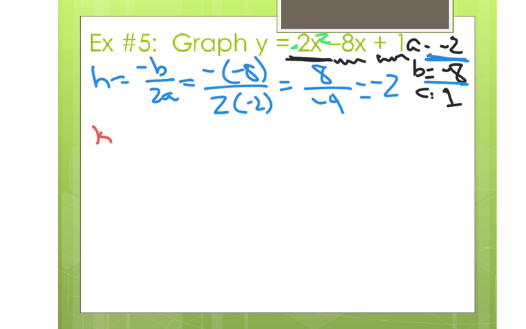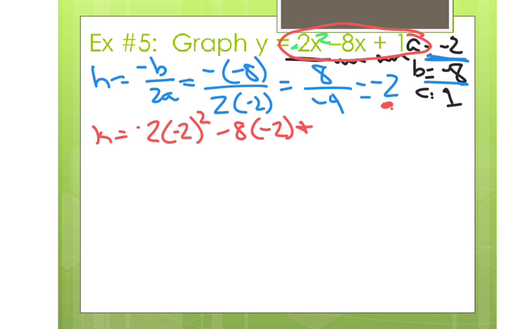Now we're going to find our k value. You're going to plug the h value into your equation where the x is. So we're going to have negative 2, but instead of x, we're going to plug in our h value, which is negative 2 squared, minus 8 times our h value again instead of x, which is negative 2, and plus 1. Order of operations, we'll start with our exponent.